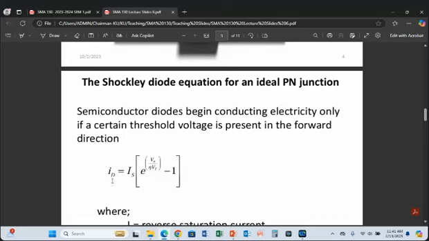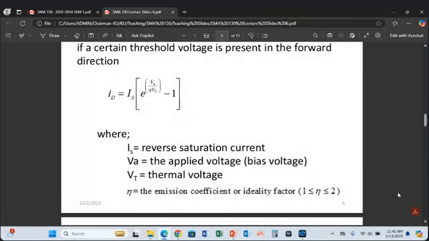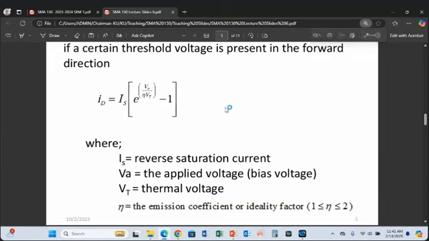It is telling us the current through a diode is given by this equation, and we have defined the symbols which are used. Let me magnify it a bit. In this equation, we have ID, the diode current. IS is what we call reverse saturation current, the small current which flows when the diode is reversed.